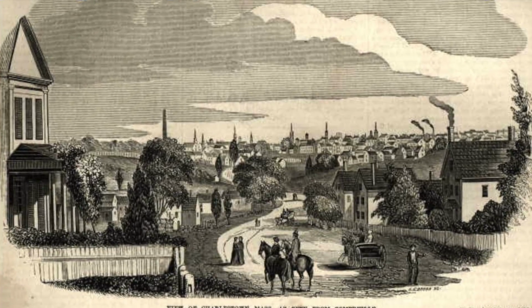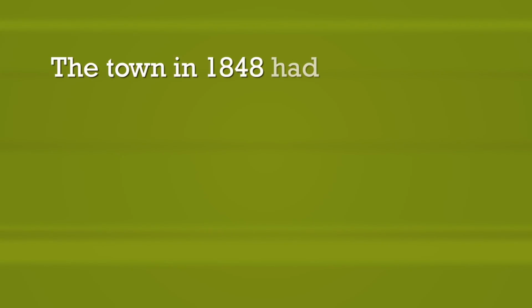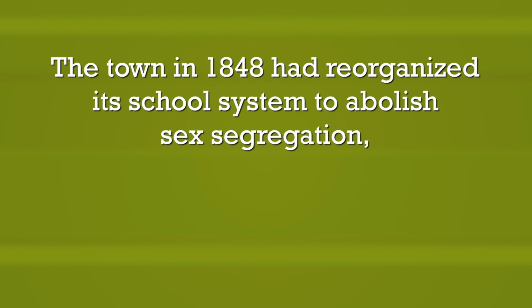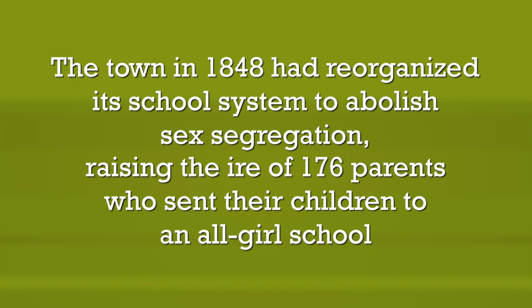If we go back to Charlestown, it was a rare place where sex segregation had been hotly debated, and the controversy helps illuminate just how radical the Common School movement was in many ways. The town in 1848 had reorganized its school system to abolish sex segregation, raising the ire of 176 parents who sent their children to an all-girls school.